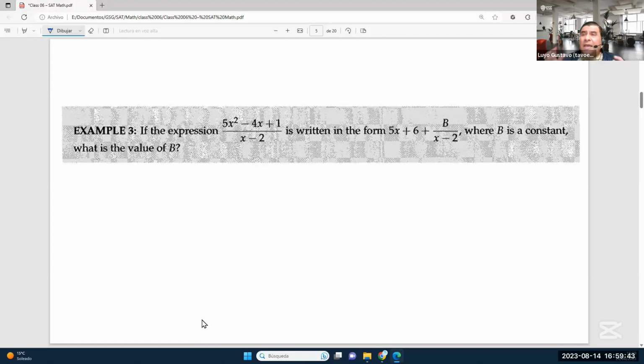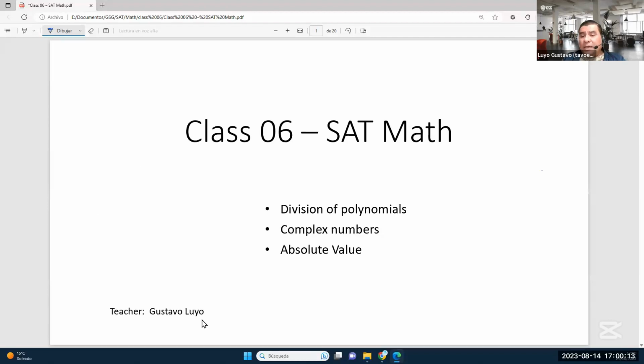Notice that if you pay attention to the form of this expression, you have here a polynomial of degree 2, here a binomial of degree 1, and this yields one polynomial plus a constant over the original divisor. This format only corresponds to what we saw originally, okay? To this here.